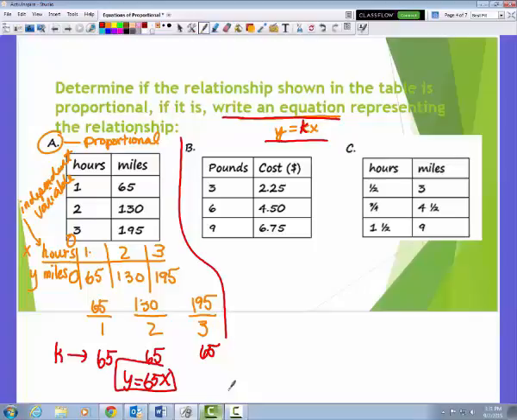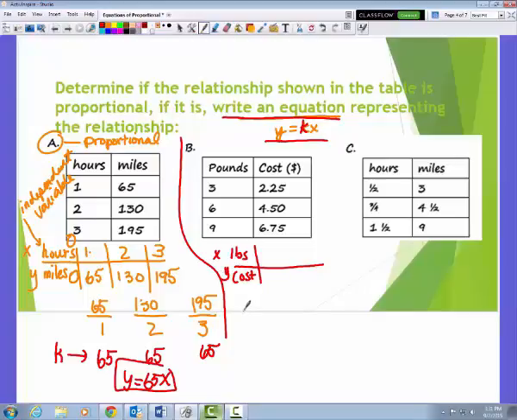Once again, if you want to think of the table like we did yesterday and draw it sideways, you can if you want. This is pounds and this is cost. And now it's a little harder to tell where the independent variable is this time. But the way that I remember it is that the amount of cost depends on how much it weighs.